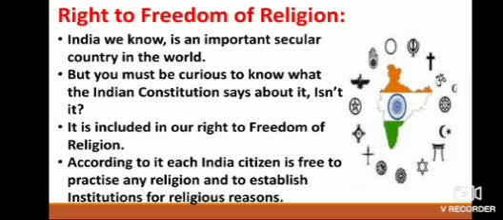In order to broaden the scope of the right to freedom of religion, two things are not permitted. State cannot impose religious taxes that might be used to encourage a particular religion.